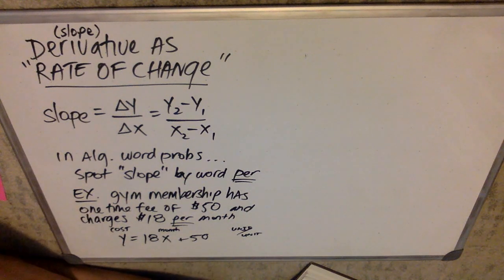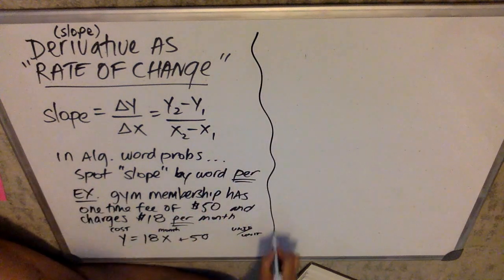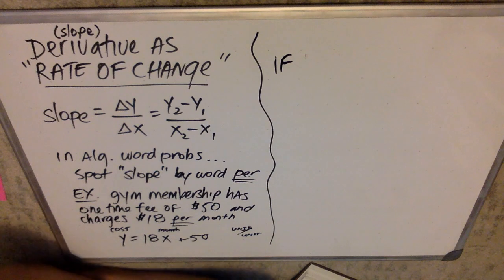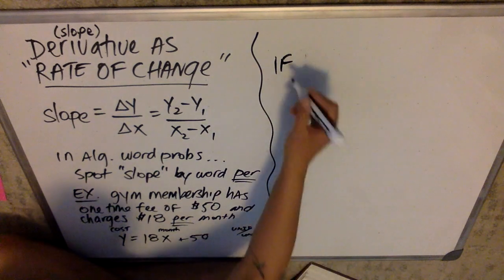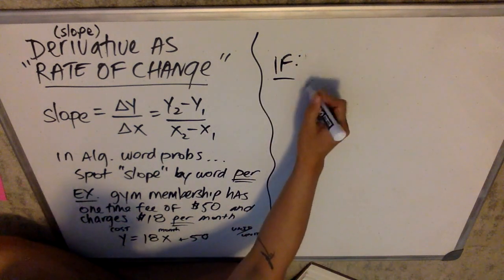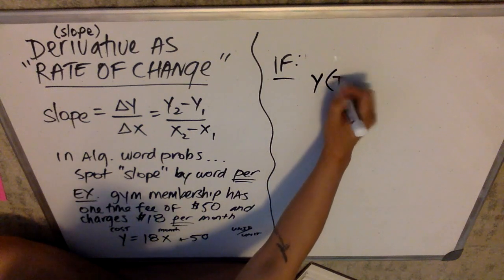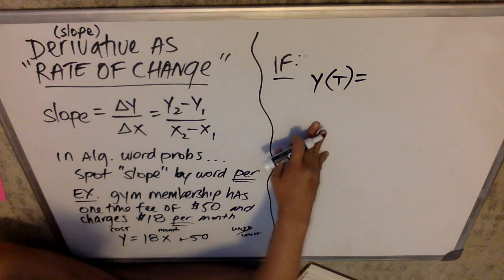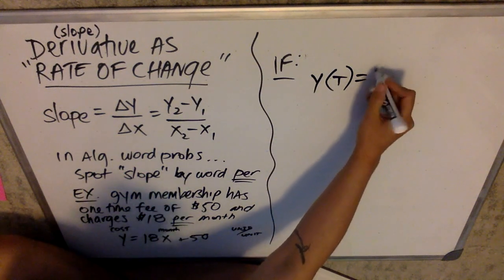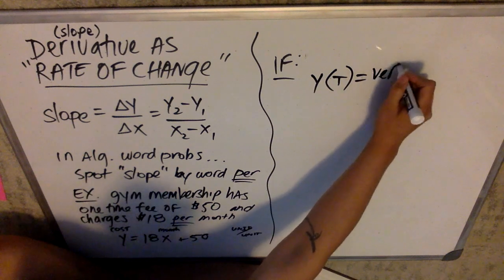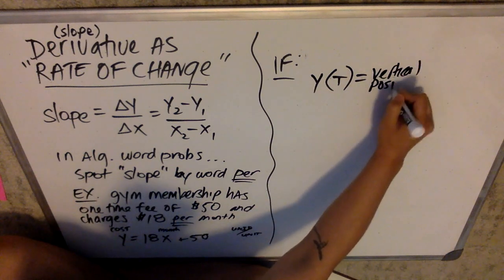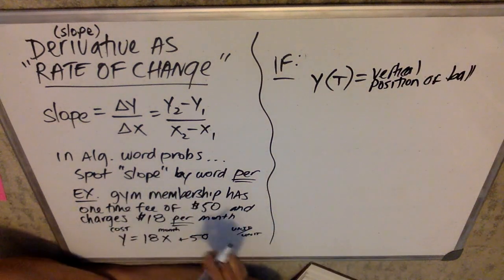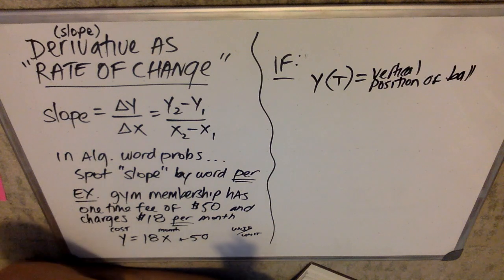Okay, so the reason I mention that is that if, for example, we use y of t equals the vertical position of, we'll say a ball, like a ball that you've dropped, or something that's dropping.